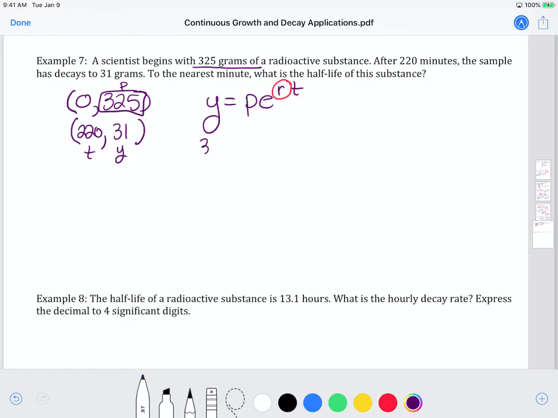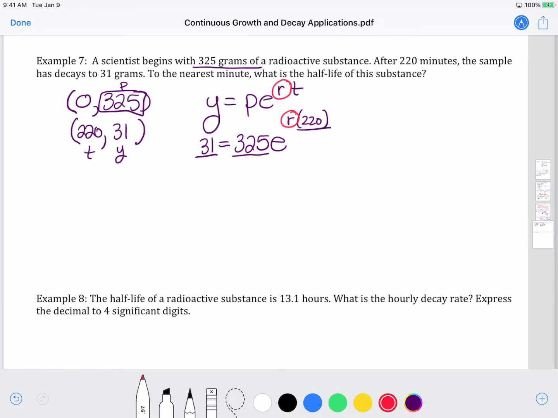So I have 31 is equal to 325 e to the power of R times 220. I knew what my P was, and then I used the extra point they gave me, which was the 220 and the 31, to plug in so I can find what my R is. I'm looking for my variable that is in the exponent.